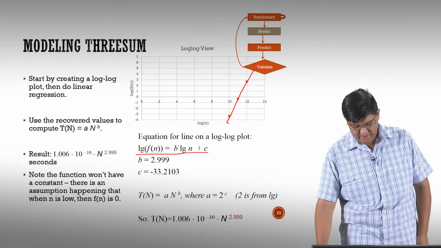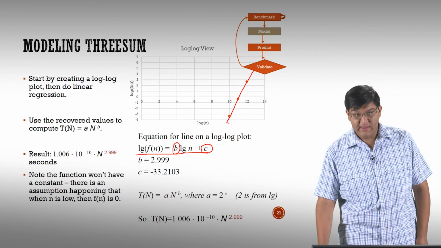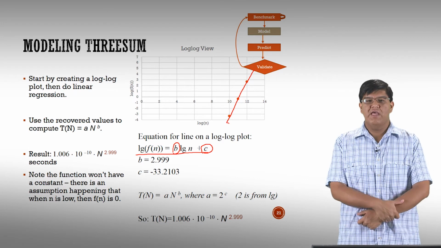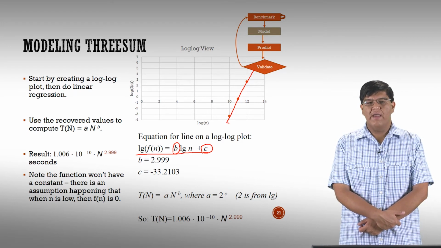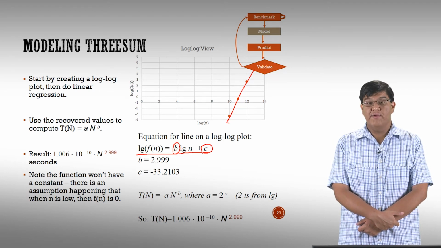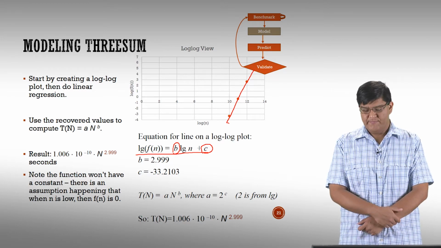And the b and c values are over here. Now what I can do is rearrange this algebraically by taking powers. And from that, get back an expression that models my f of n, or in this case, I'm going to use t of n because really it's predicting time, based on b and c, the values that we can easily recover from this linear equation on this graph.